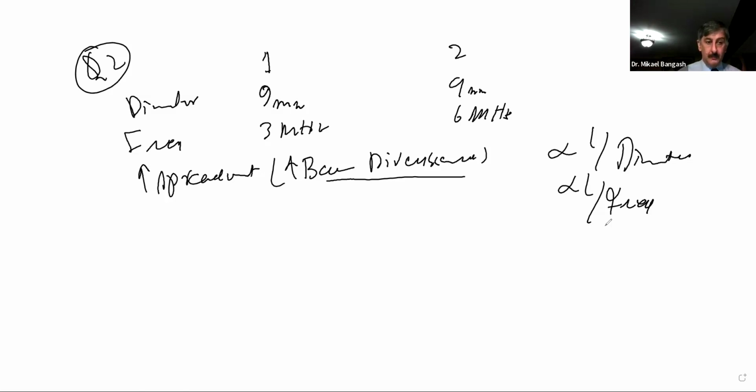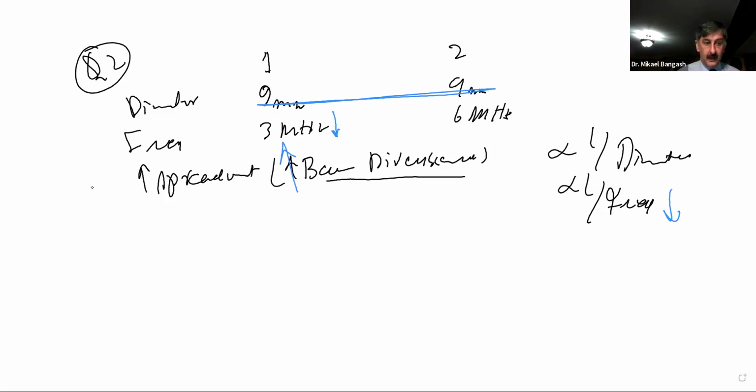So what do we say? Since the diameter is the same for both of them, that's not what we are looking for. Since we are looking for a greater beam divergence, which is inversely proportional to frequency, it will be the one with the lower frequency, which has greater beam divergence.